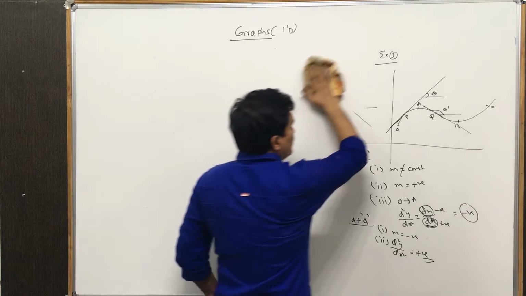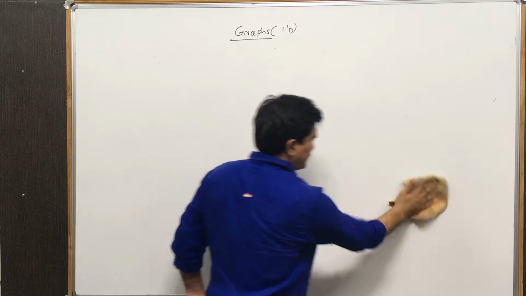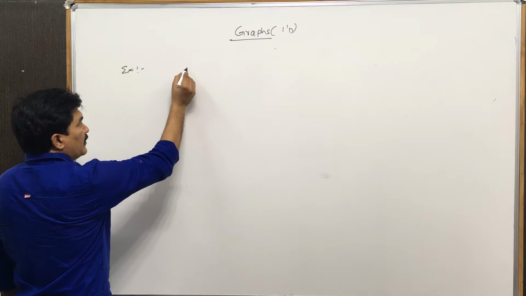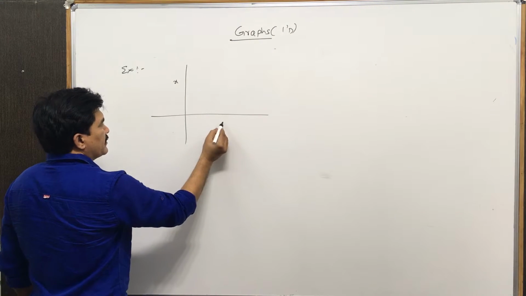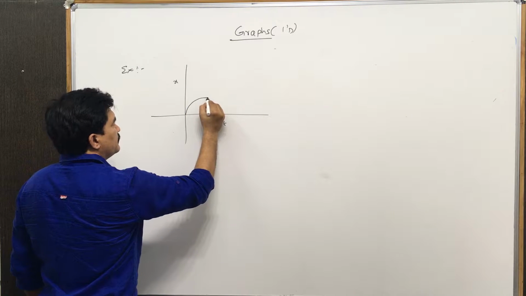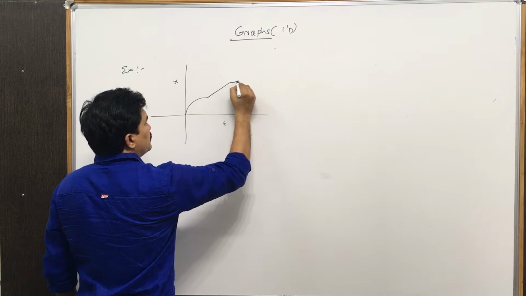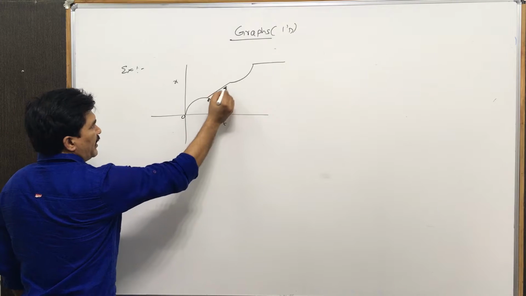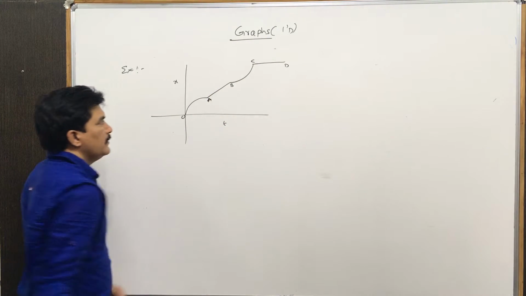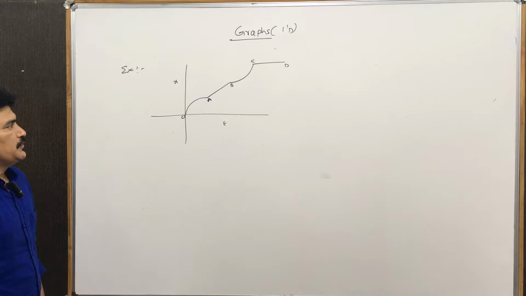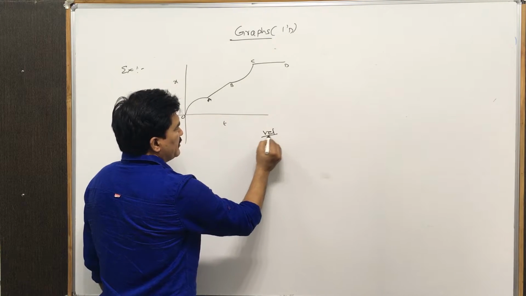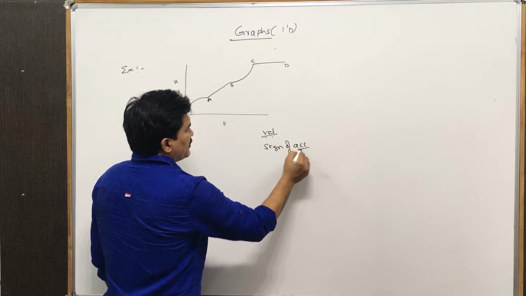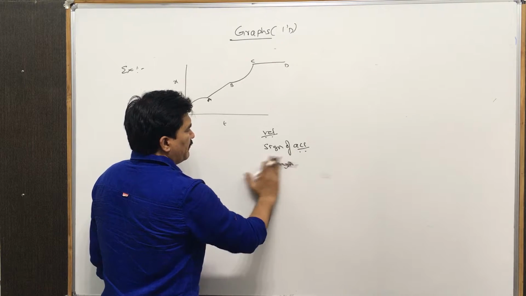See, if the situation given is like this, say an x-t graph is given in this fashion, say it is O, A, B, C, D. Now he may ask you what happens to velocity, the sign of acceleration and the sign of velocity.